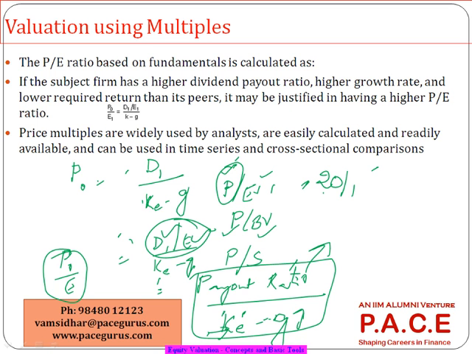So which of the following are the factors that will increase the P by E, and which of them will decrease the P by E? Those kinds of calculations and analysis also form part of some of the questions. So you may have to be comfortable with this kind of equation, either to solve the numerical or to come out with the analytical aspect using the multiples approach.